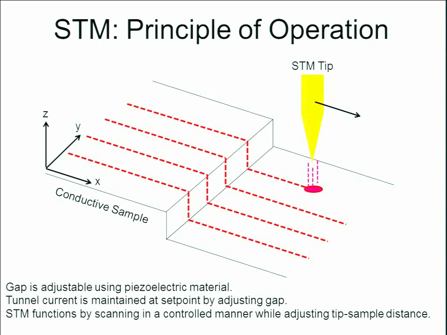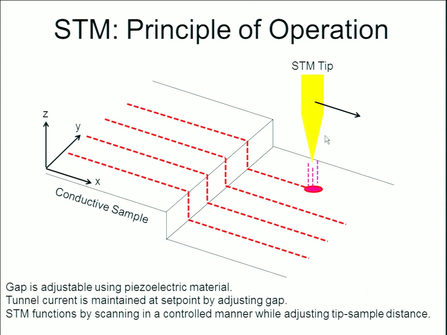As far as a principle of operation, we can adjust the gap distance between the tip and the sample by using a piezoelectric material. We'll talk about that later. And then we maintain the tunneling current at a desired set point by adjusting that gap.